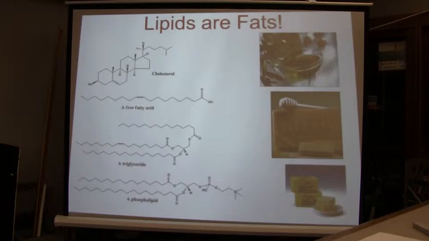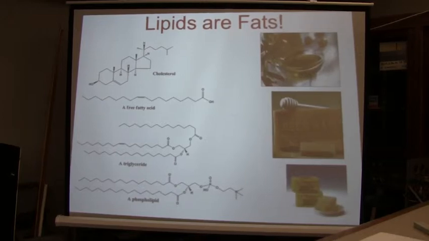This is a very polar end group, but these tails right here are not going to be polar at all. So if you think about what we talked about with the soap before, these phospholipids are going to act a lot like the soap molecules.